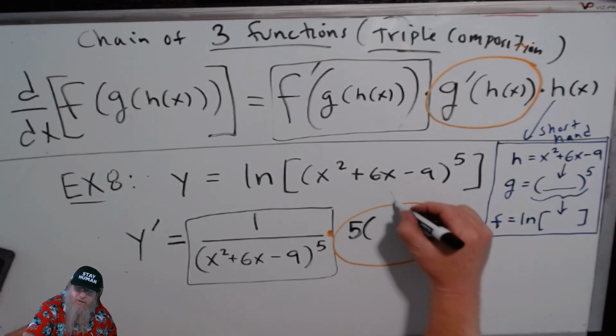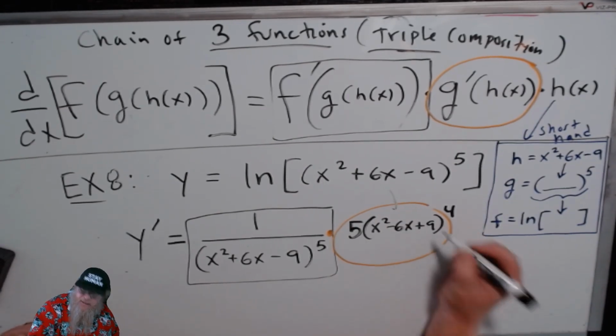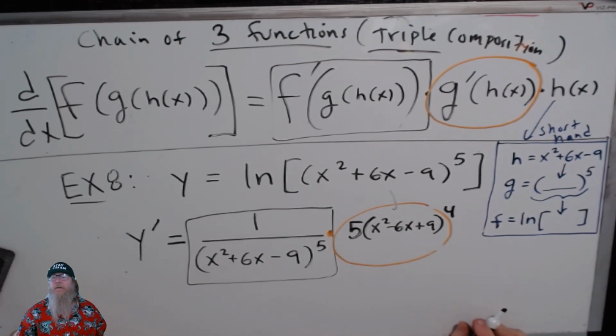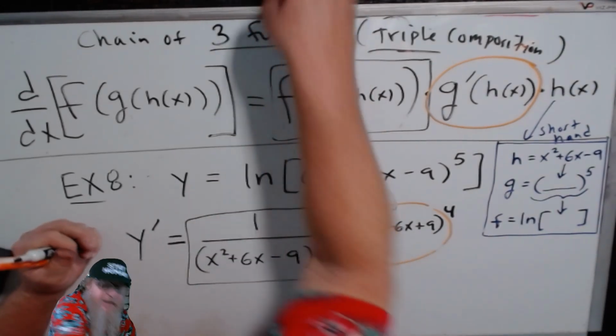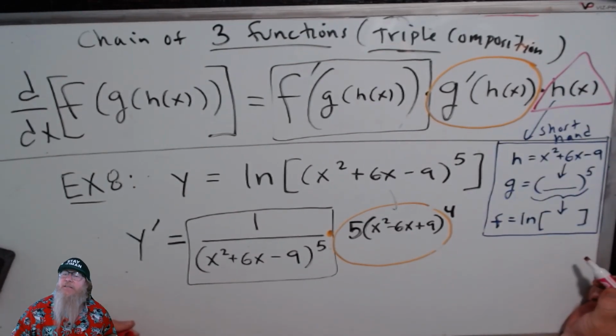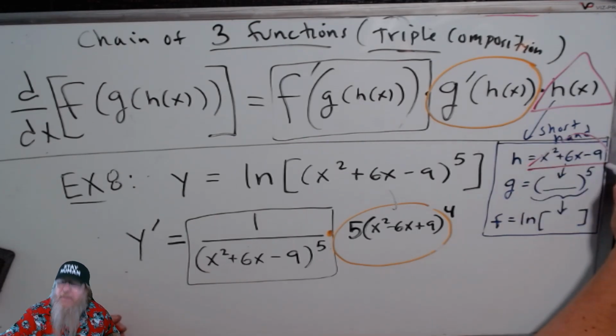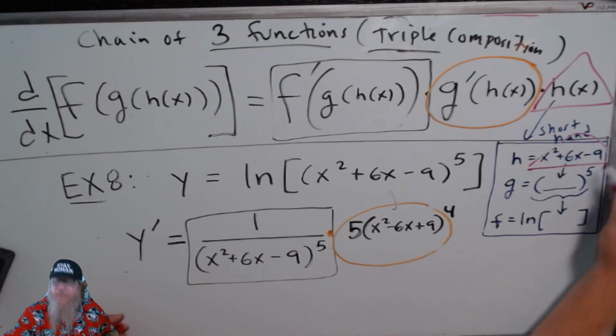And then all of this goes inside of there. X squared minus 6x plus 9. And then finally, my h of x, that's this one right here. That's going to go here.